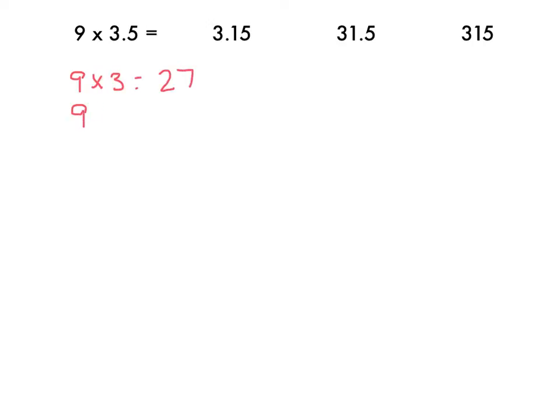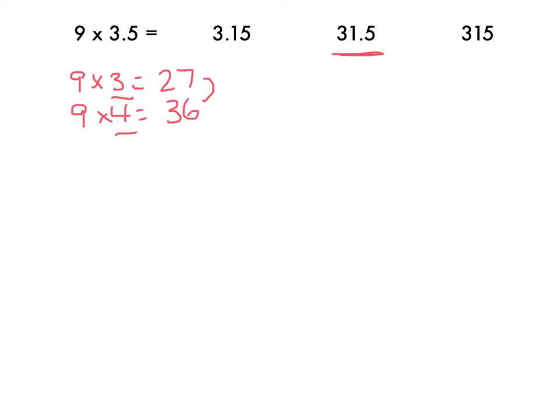And if I had 9 times 4, that would be 36. So that's making me think that my answer is somewhere in between 27 and 36 because 3 1/2 is between 3 and 4. So of my choices, I'm leaning towards 31 5/10.